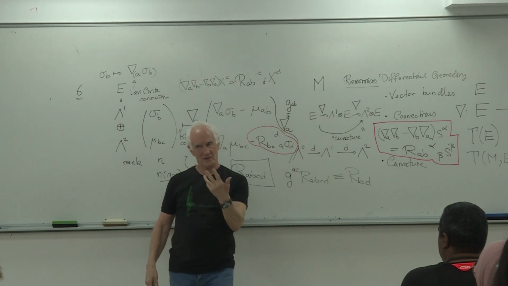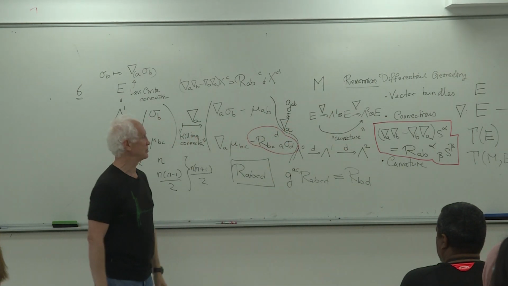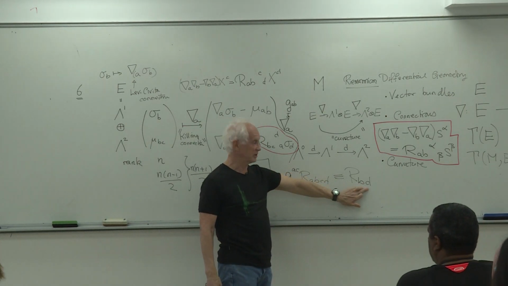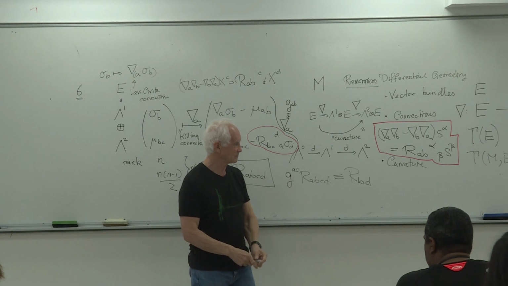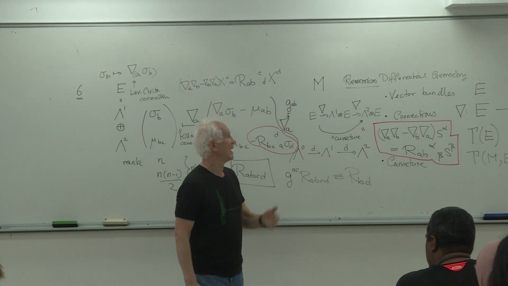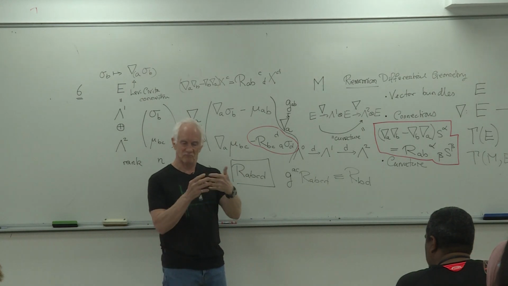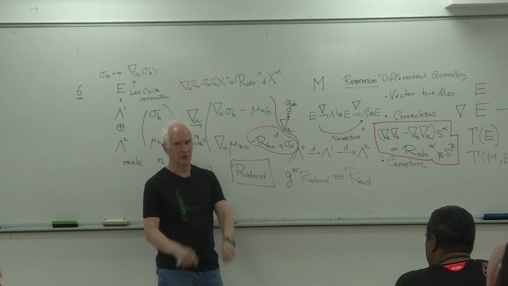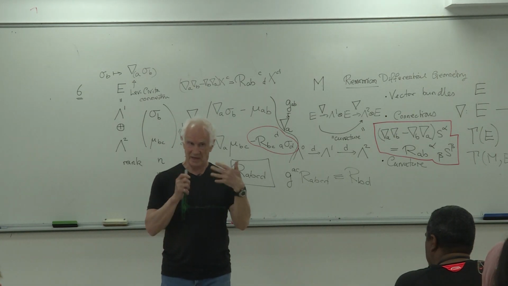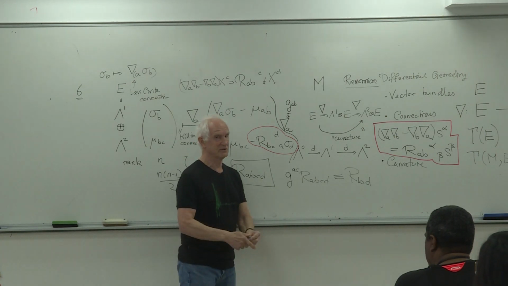Well, one thing is you can compare these two tensors. It might be, for example, that this thing here is proportional to the metric. Well, that would be a perfectly good imposition as a highly nonlinear equation on your original metric. That's called the Einstein equations, and those equations govern general relativity.